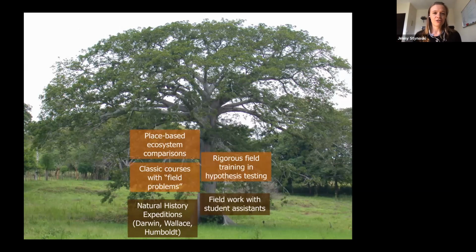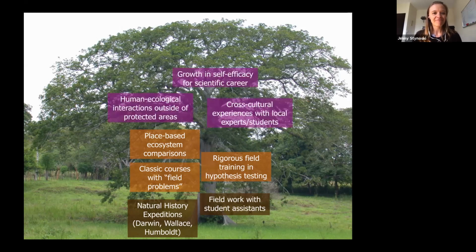Then organizations like Smithsonian, OTS, and different universities began formalizing field education, and there was rigorous training in developing and testing hypotheses. Invited professors came and carried out field problems as one to seven day experiments that sometimes were able to produce scientific papers. These courses generally were very focused on comparing ecosystems across the famous Holdridge life zones.